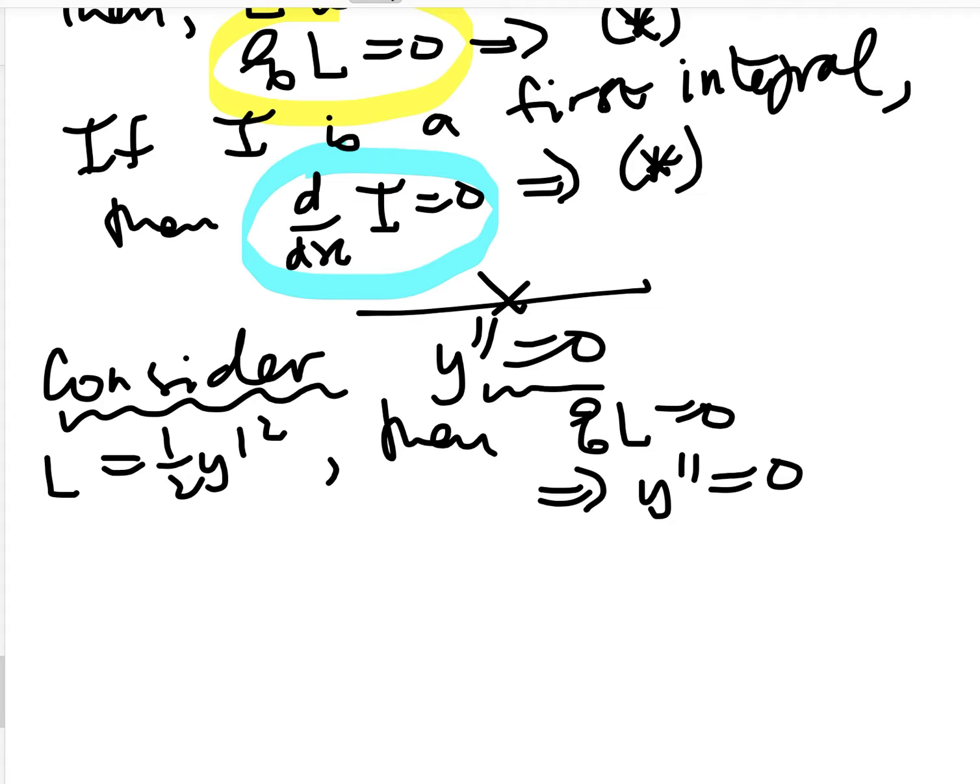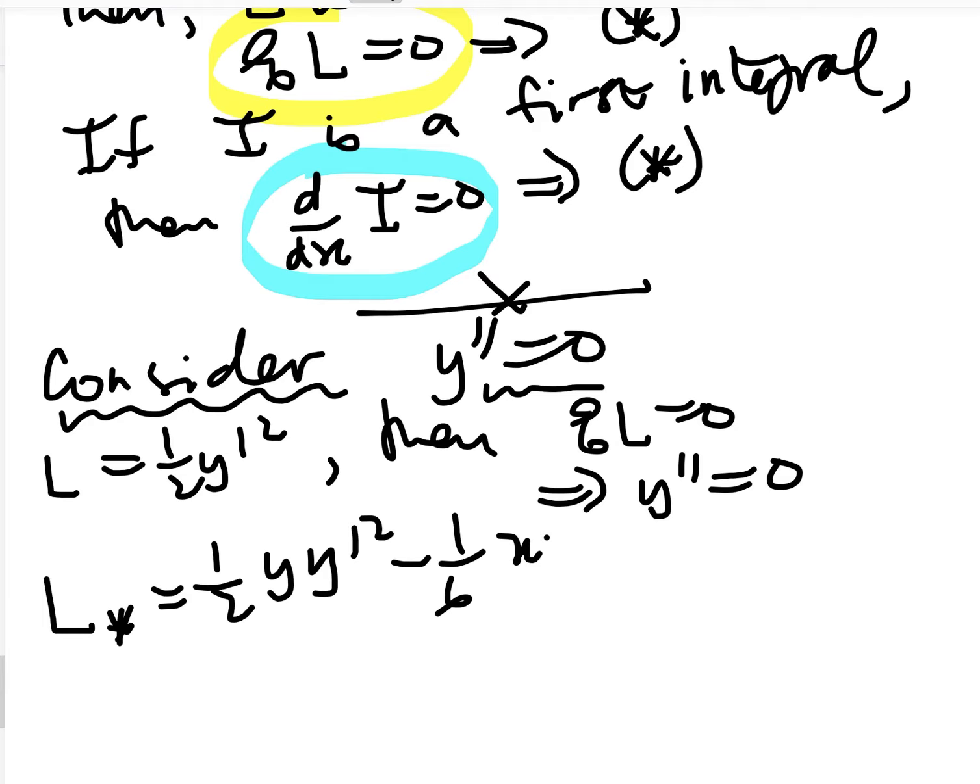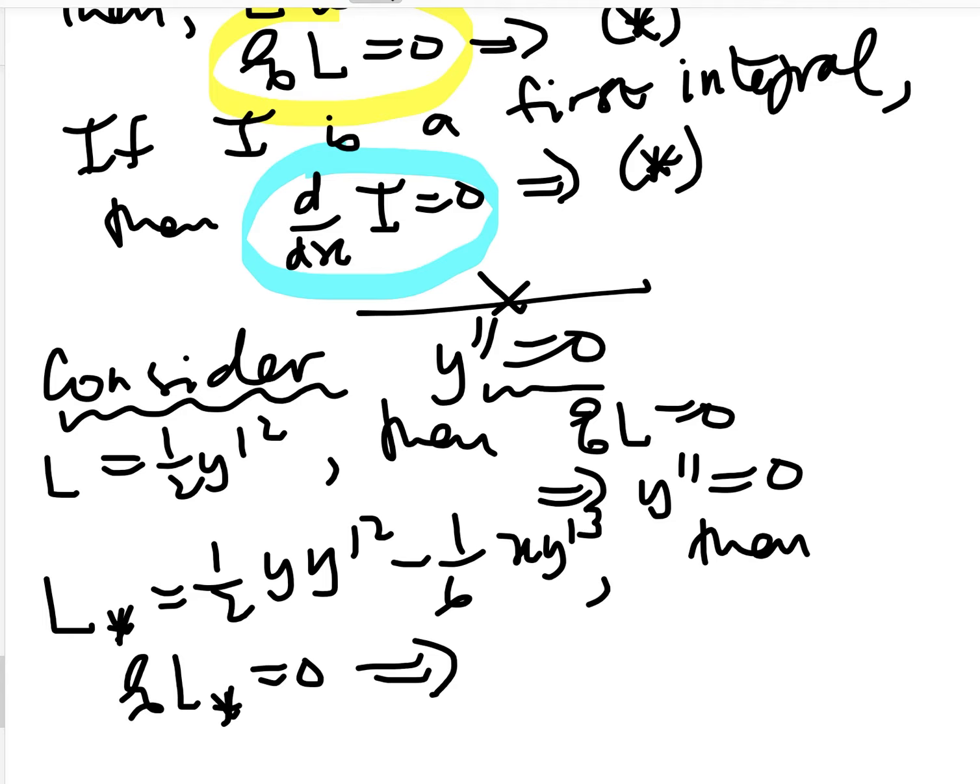And if L star, in one of the previous notes we've shown, is equal to a half y dash squared minus 1/6 x y dashed cubed, then if we did the Euler operator on this function L star, then this equation implies y double dashed equal to 0, in which case L star is also a Lagrangian of the free particle differential equation given by y double dashed equal to 0.